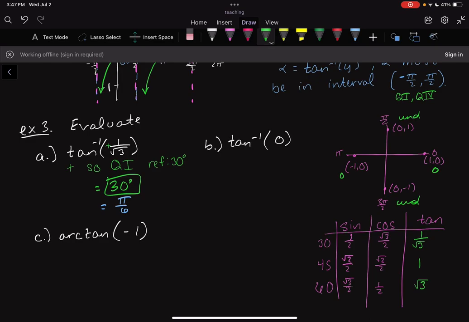So technically there's 2 places, but be careful. It's only supposed to be between 1 and 4. So only 0 is going to be our answer. And that's just because of that interval that we're stuck in. So my answer here is going to be 0 degrees or 0 radians, whatever you prefer.